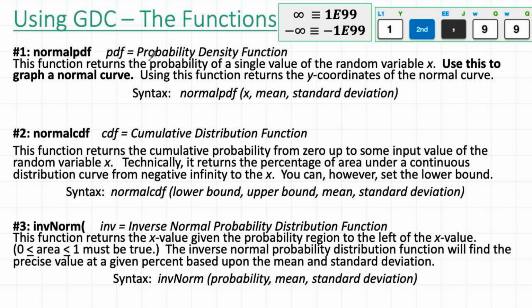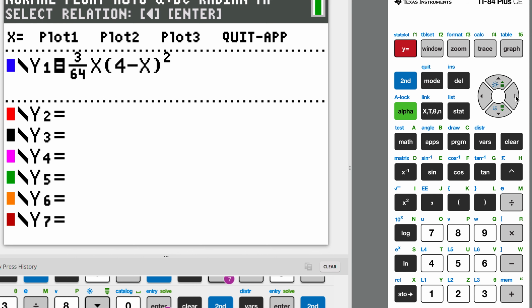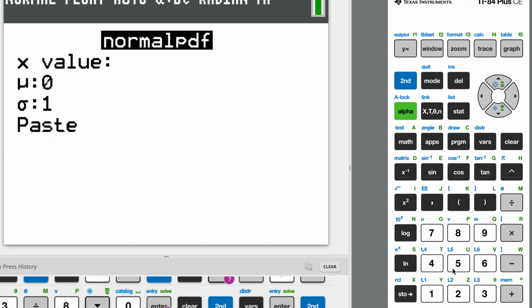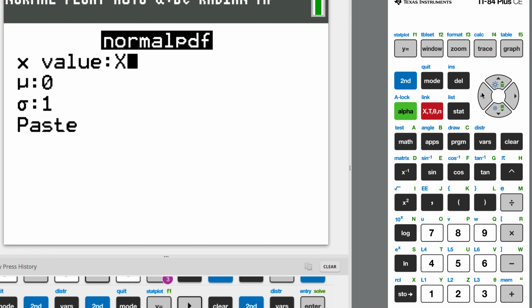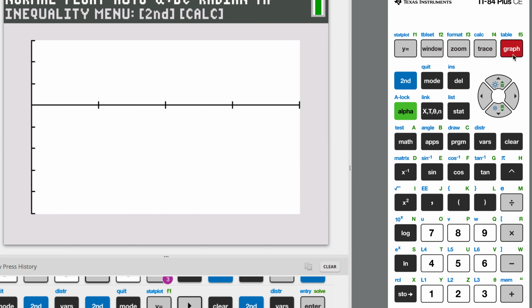We will use PDF usually if you want to graph the curve. You'll never see me use it in here, but in case you want to graph the curve, I can do normal PDF with X value. Let's keep this as the mean, and I'll do a zoom standard.